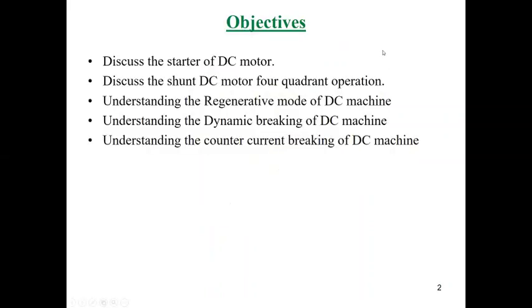So the objectives today will be discussing the starter of DC motor, what is meant by starter of DC motor, discussing the shunt DC motor 4-quadrant operation, shunt or separately excited, and understanding the different types of braking: regenerative braking, dynamic braking, and counter current braking. Hopefully we finalize all of these items today. If we couldn't cover all of these items, we will leave one item for the next class, inshallah.